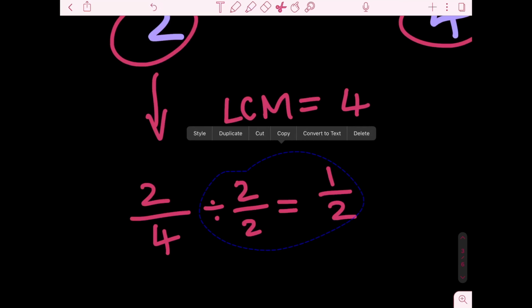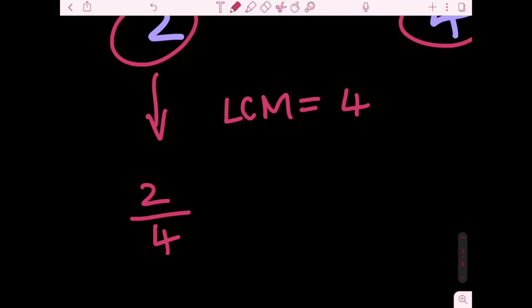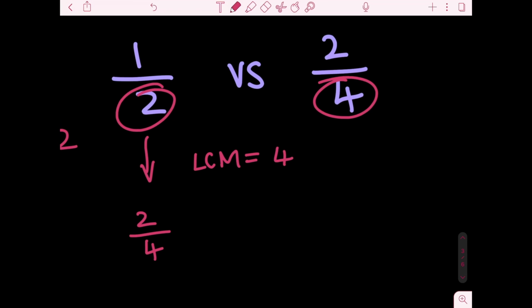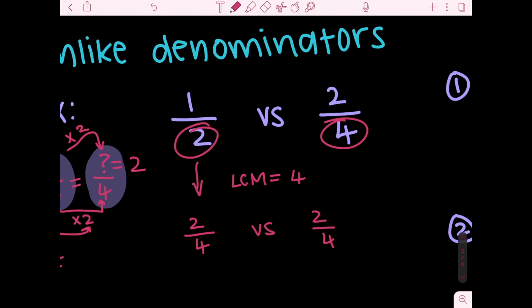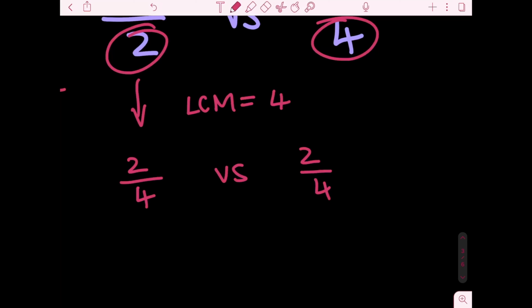So it is still just 1/2, just a little bit more to it. It's just multiplied by 2. And then we have 2/4 versus 2/4. Okay, now we can see that these two fractions are actually equal.